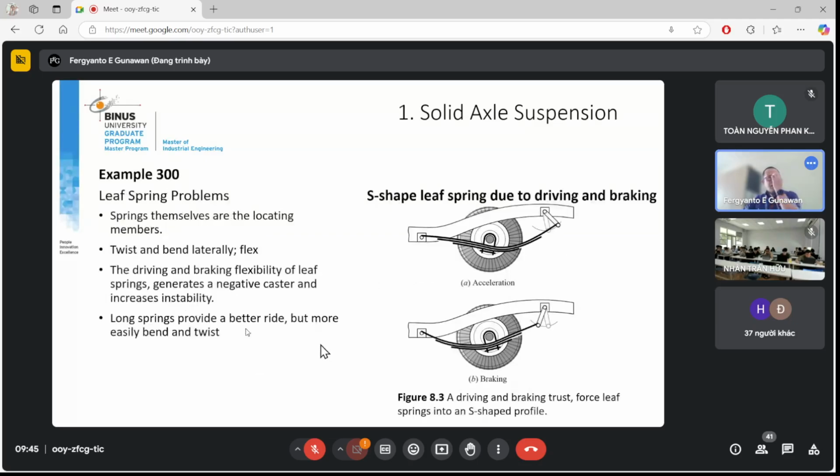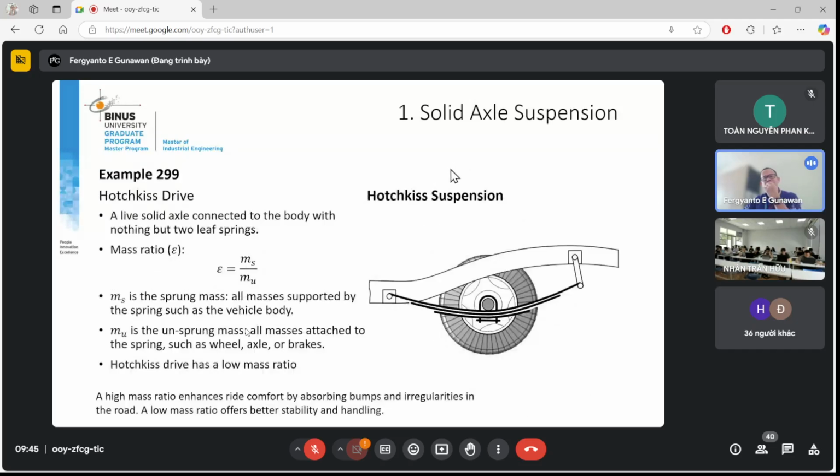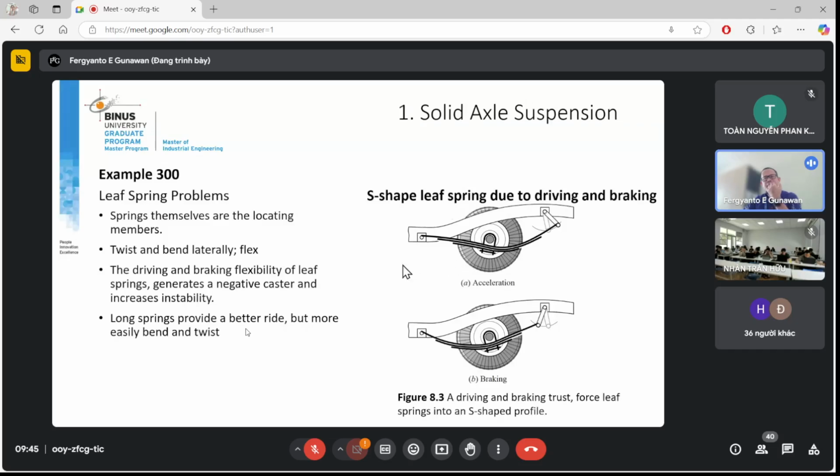And now, what is the problem associated with this kind of suspension system, the Hotchkiss suspension? One of the problems is instability of the suspension system. If you accelerate, you may have some movement, and the leaf spring deforms in this fashion, like an S-shaped letter.